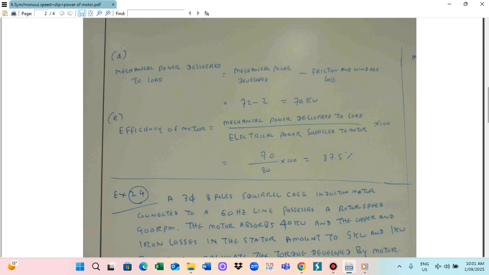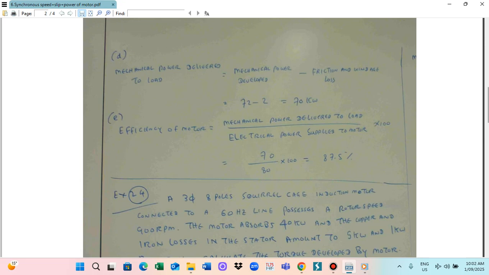By solving this, we multiply by 100. So this is 70 divided by 80, times 100, and there we get 87.5%. So this is the motor efficiency calculation.